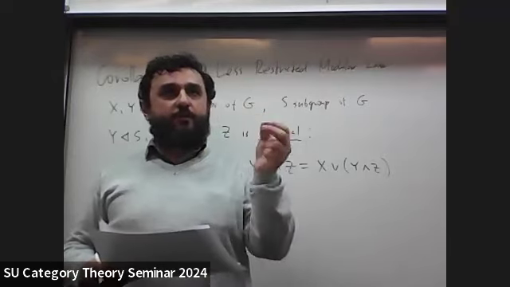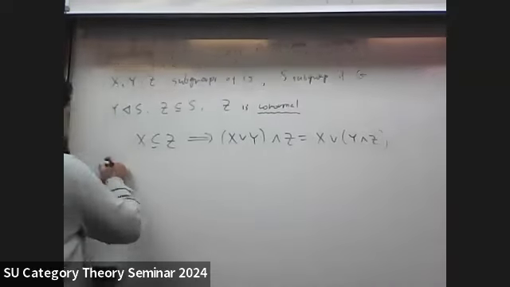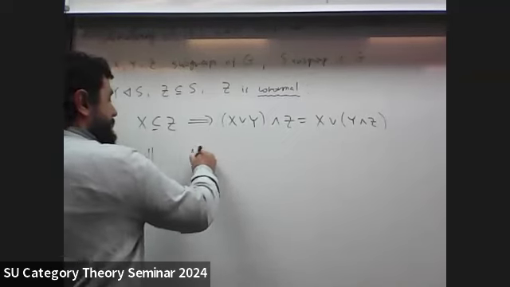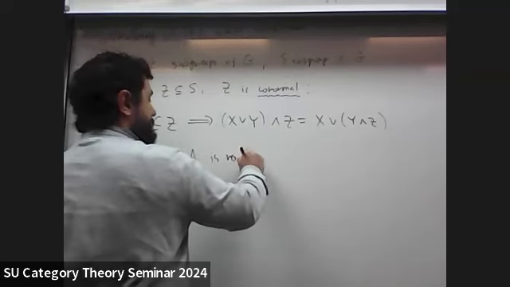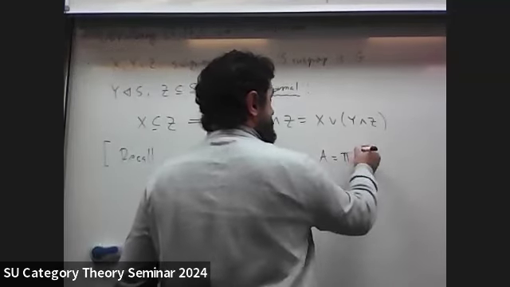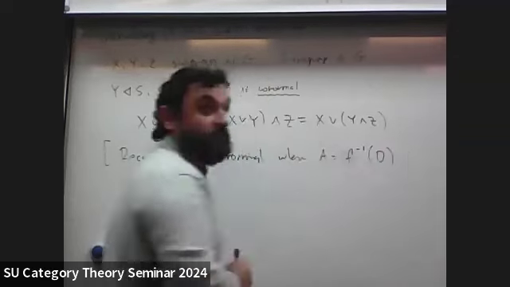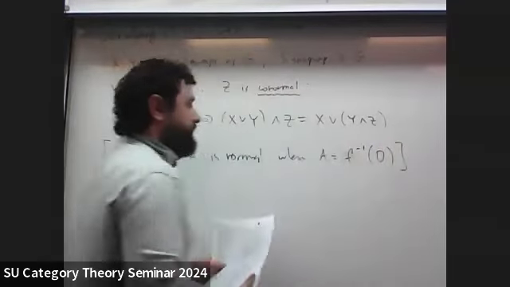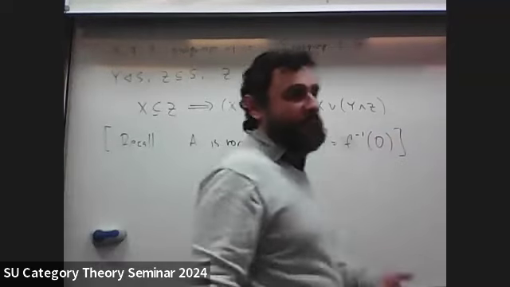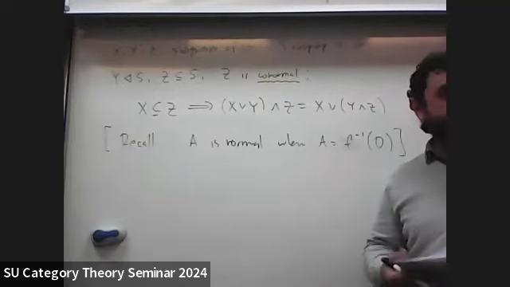So let's recall that A is normal when it is of the form A equals the inverse image along some homomorphism of the smallest subgroup. And the dual of that will be the direct image of the largest subgroup, and every subgroup is a direct image of some homomorphism. That's why everything is co-normal in group theory. Thanks for that. But does that answer your question?